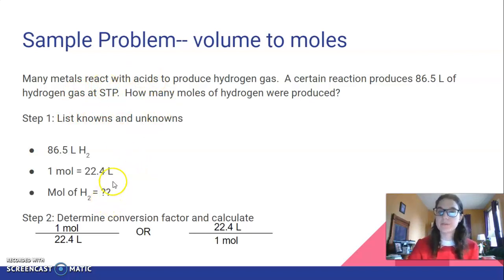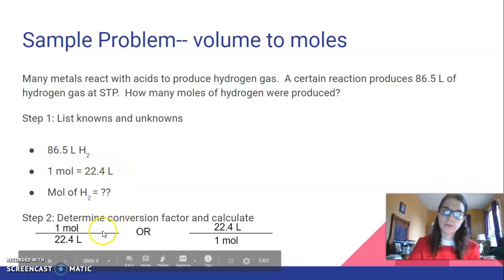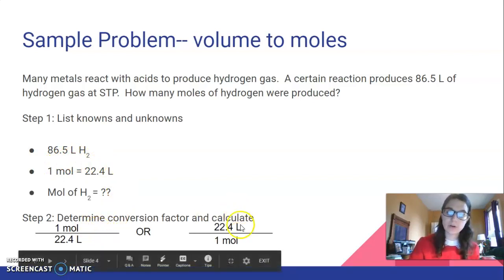Our unknown is how many moles of H2 were produced. So we have 2 options for a conversion factor here. We know that 1 mole is equal to 22.4 liters, and that gives us 1 mole over 22.4 liters, and it also gives us 22.4 liters over 1 mole.